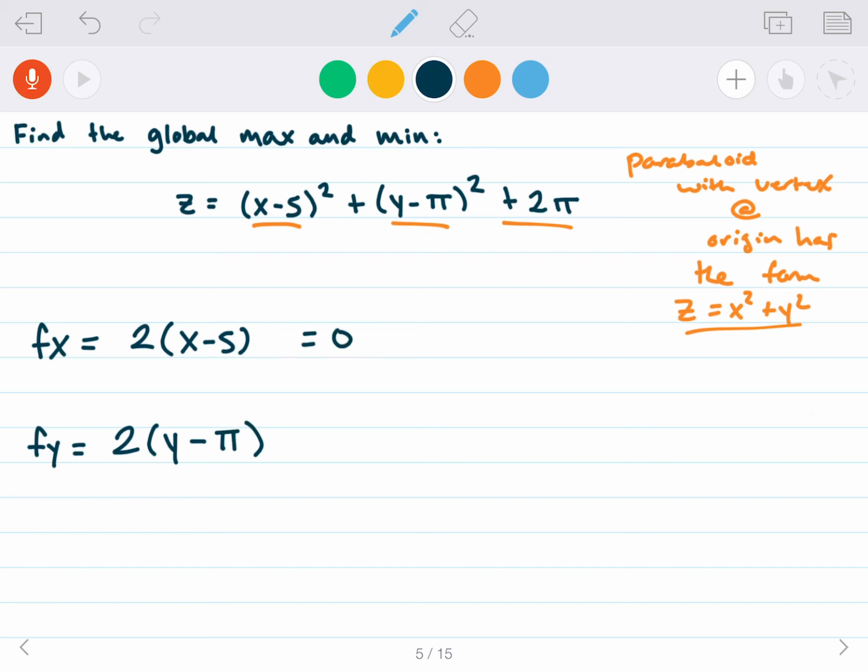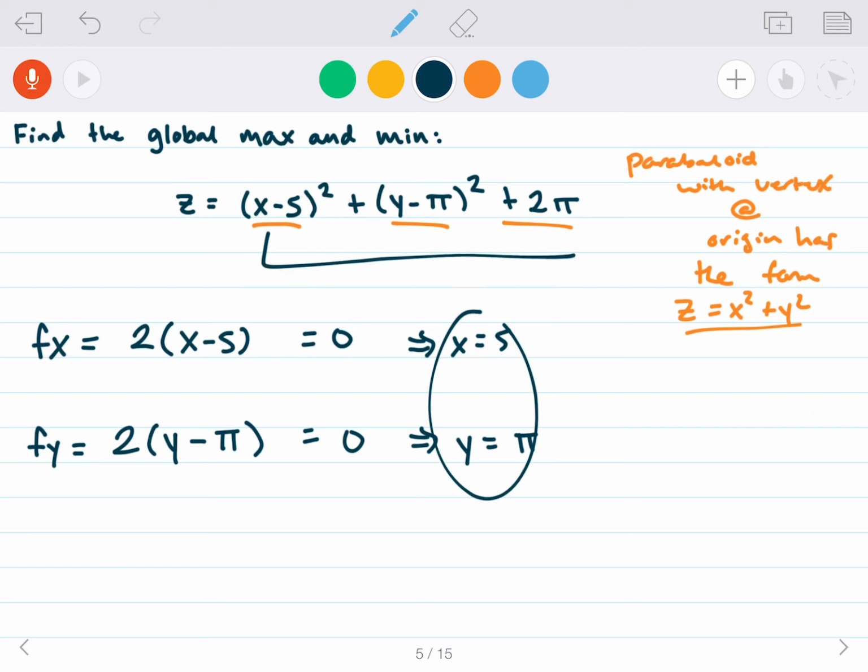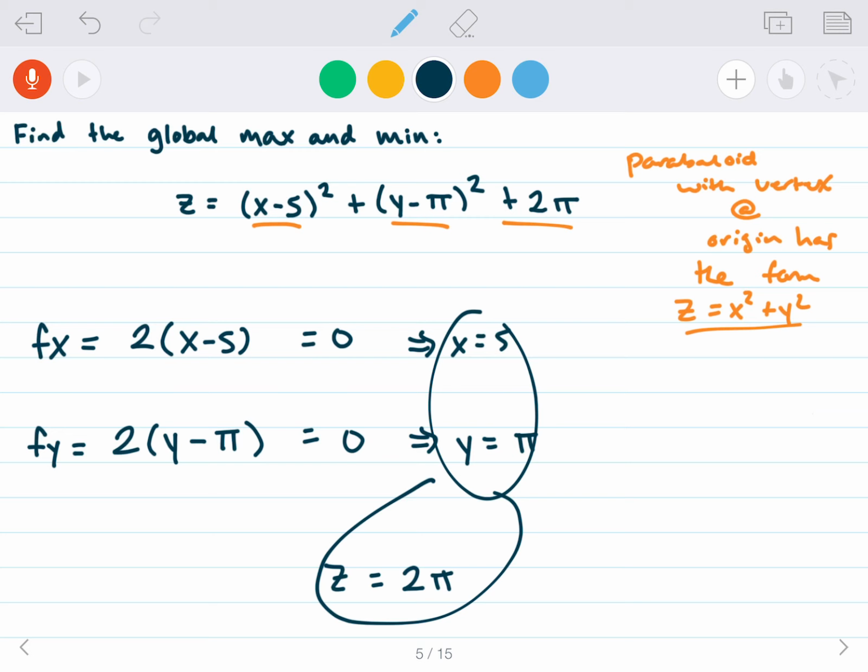Setting these equal to 0, I get x is equal to 5 and y is equal to pi. Finally, when I plug these back into my function to get z, I get z is equal to 2 pi. So I know that my only critical point here is (5, pi, 2 pi).